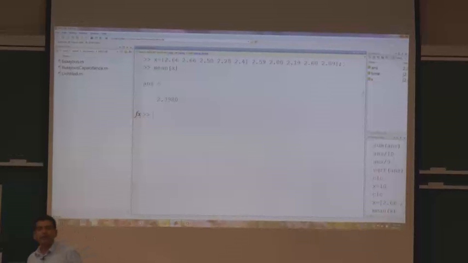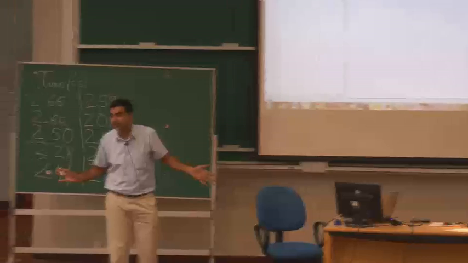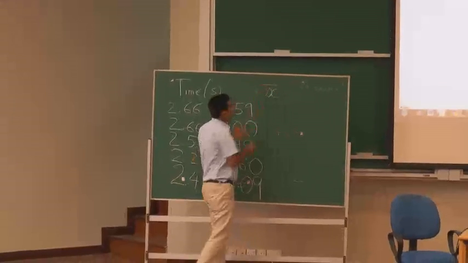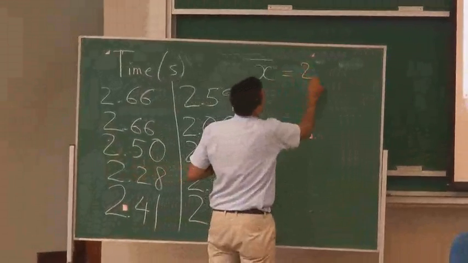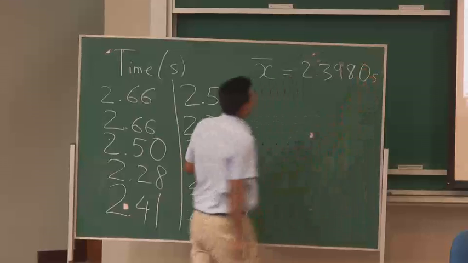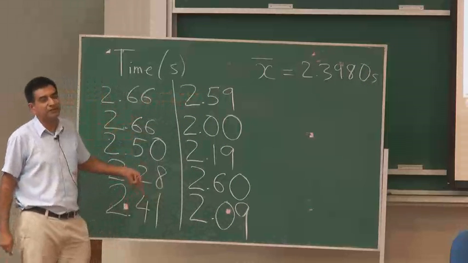So if I would like to find out the best estimate, it's not the true value, there is no such thing as a true value. The best estimate of my time in the first cut is 2.3980 seconds.